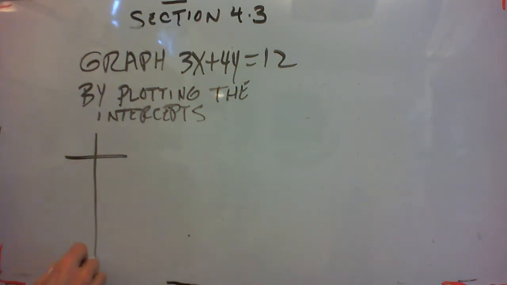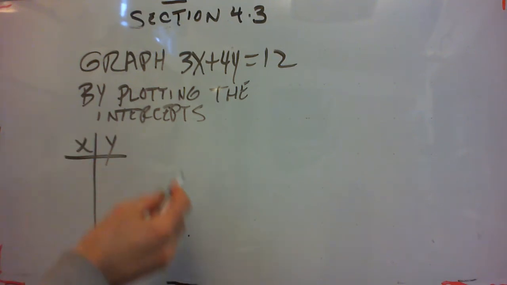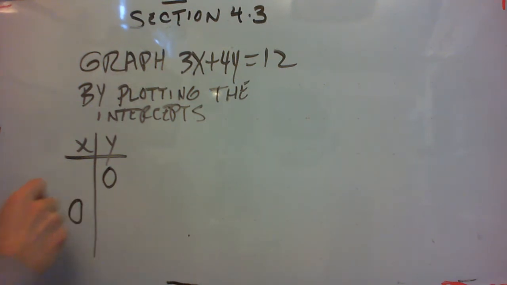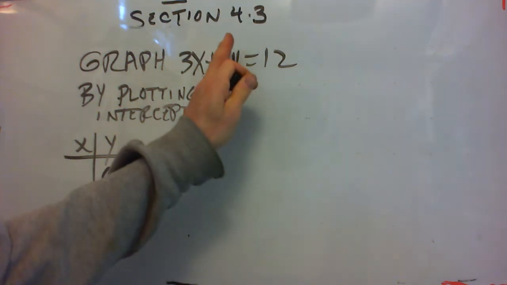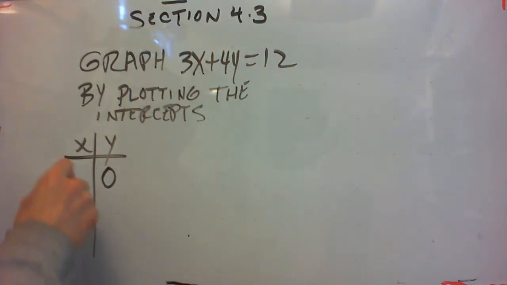Okay, well, here again, we let y equal 0 to give us the x-intercept and x equal 0 to give us the y-intercept. When y is 0, just cover up the y term. 3x equals 12, x is 4.